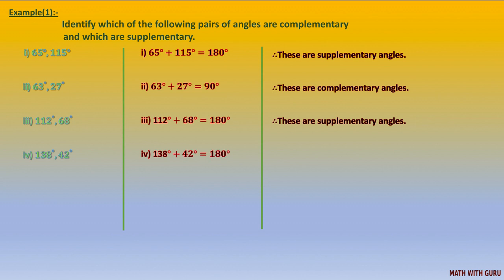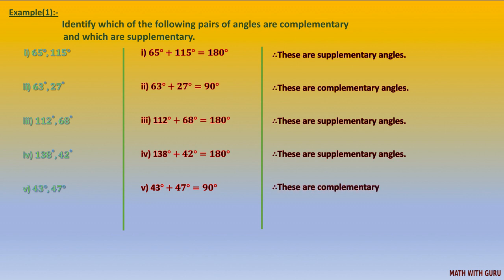Let us find their sum. It is 180 degrees. Therefore, these angles are supplementary. 43 and 47 degrees. Their sum is 90 degrees. So, these are complementary angles. 80 and 10. Their sum is 90. So, they are complementary angles.